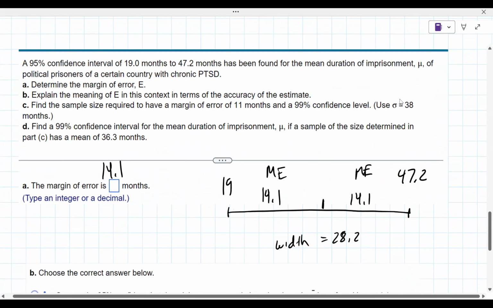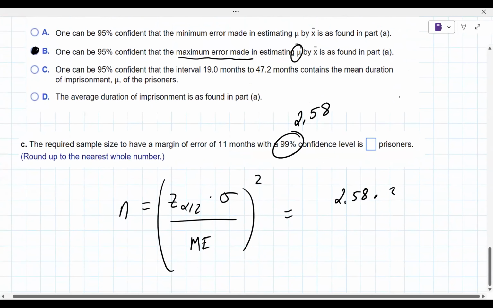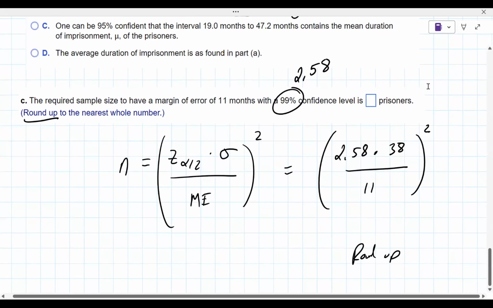There you go. It says use sigma equals 38. I was looking for that. Yeah. And then the margin of error of 11. Now, very important here is you always round up. You always round up. You'll see on the test, there'll be a multiple choice answer. There'll be the non-rounded number and then the rounded down and maybe even rounded up number. It's always rounded up.